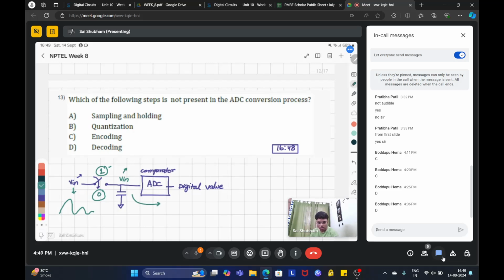For example, if your input voltage is 1 volt and you are converting it into a digital value, and suppose in the middle of the conversion your reference voltage changes, then your conversion cannot happen, right? Because your reference has changed. It will only lead to error in your conversion. So that's why it is essential to sample and hold. So A is present because it is essential.